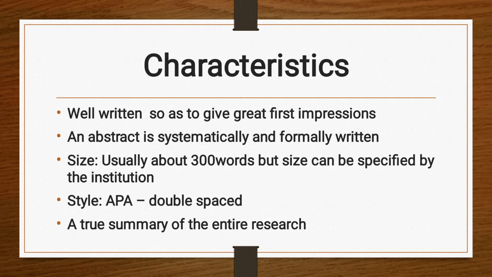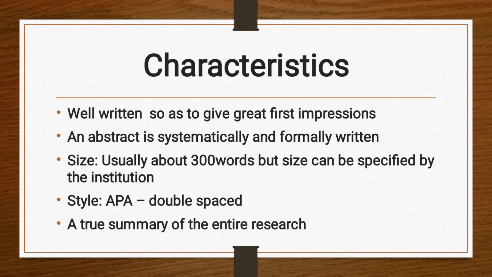Remember, I said an abstract is put at the beginning of the research, it means that the reader, and other researchers in fact, read the abstract before they read the entire research.